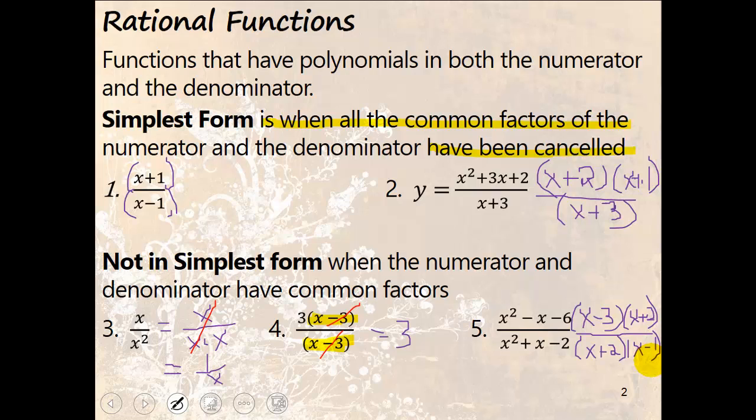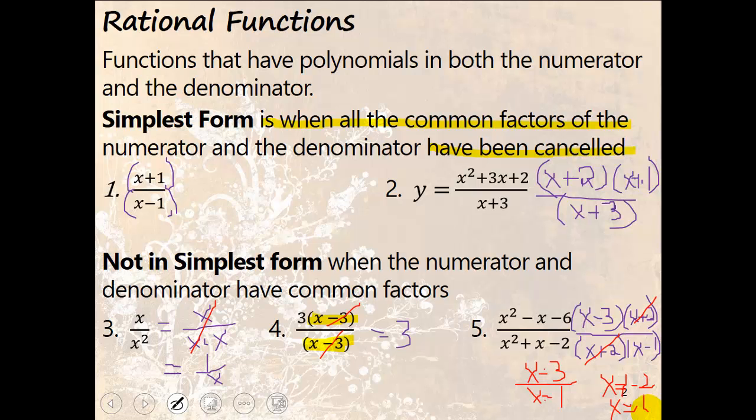Now I can cancel this x plus 2 in the numerator with this x plus 2 in the denominator, and my original expression is equivalent to x minus 3 over x minus 1, except that x cannot equal negative 2 and x cannot equal 1.